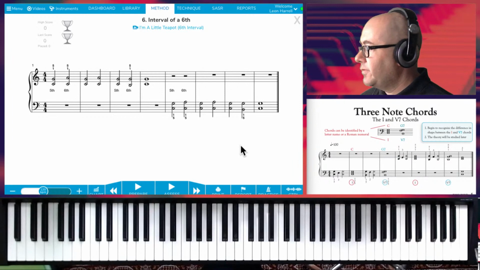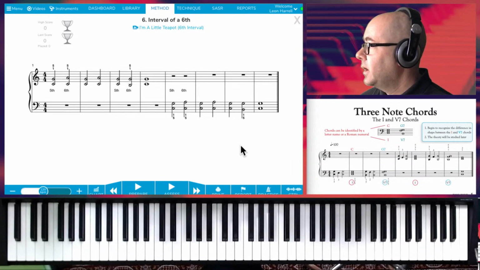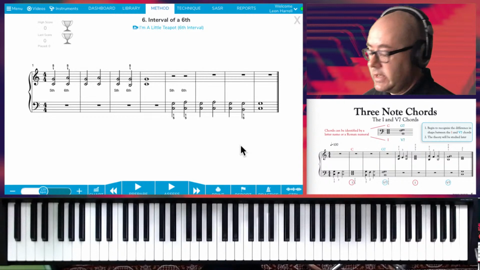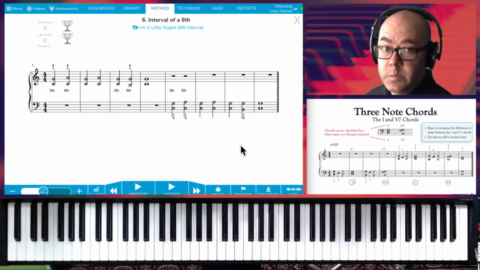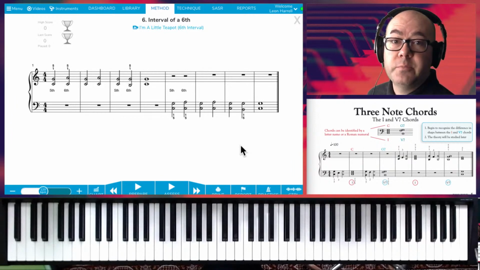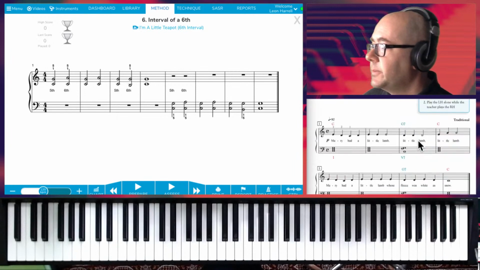In this case, starting on C and G, we have our perfect fifth there, and then we're moving to the sixth from C to A: C, D, E, F, G, A. This happens to be 2 notes from our 4 chord, our F major chord. So they're getting ready to introduce that to us.